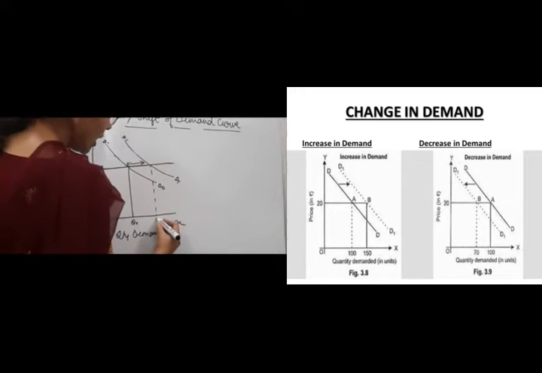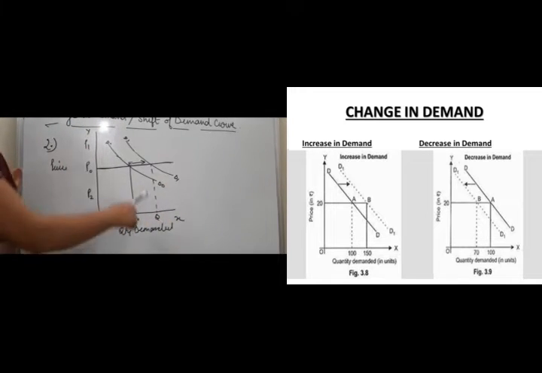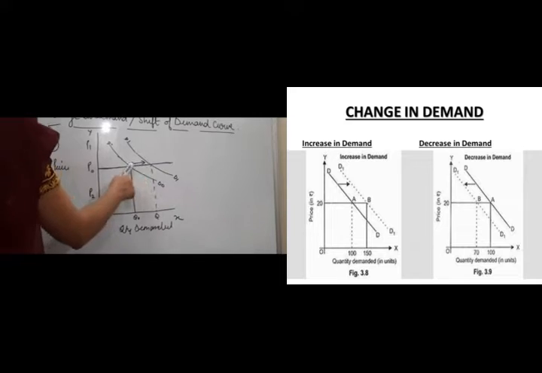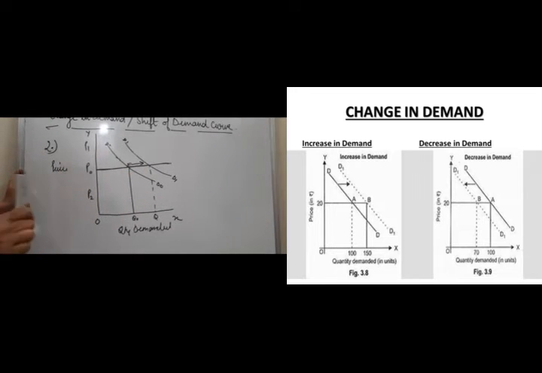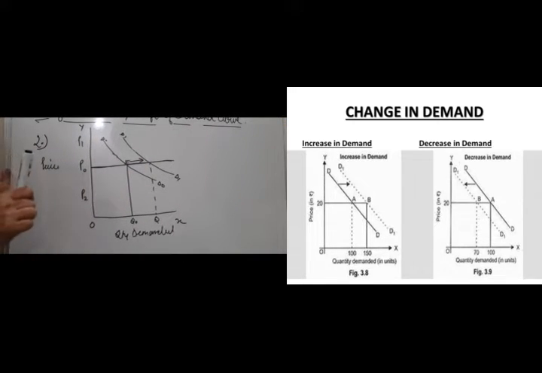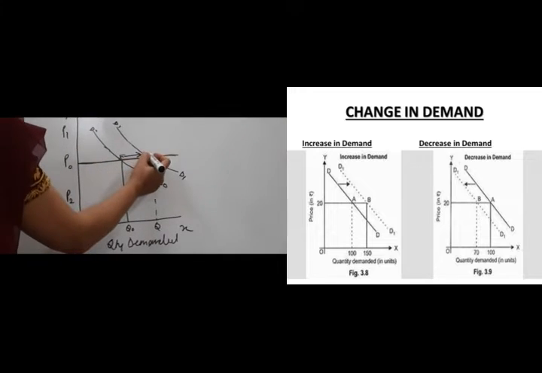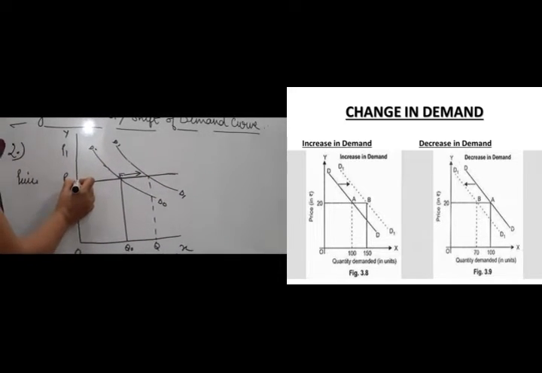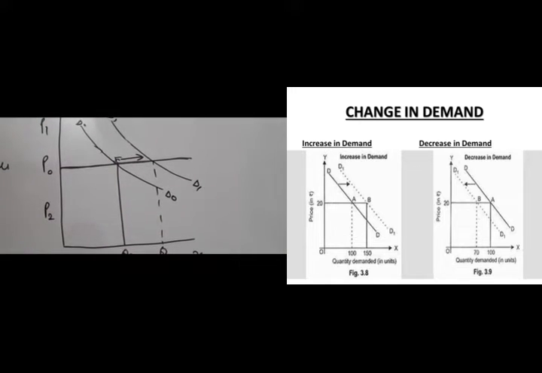Now what you have to mind, children, over here, this is not the quantity met actually. This is only increased demanded quantity. This is not the real quantity met, right? Why? Because here the price range is the same. Now what will happen if you see your statement in the book?